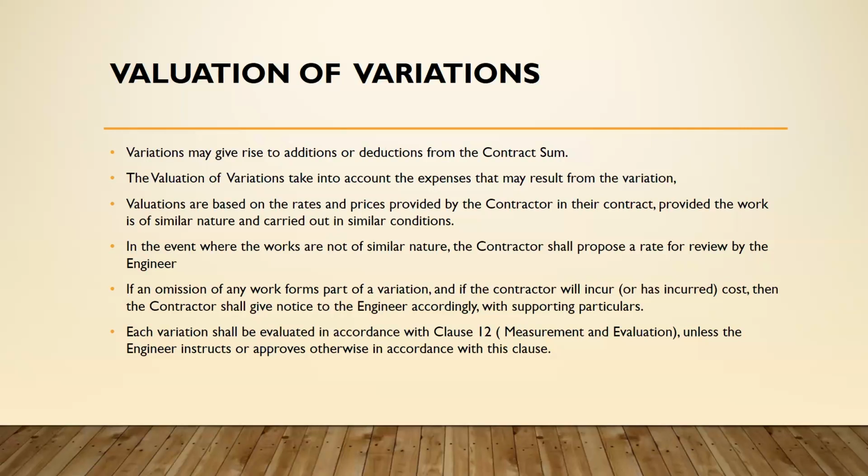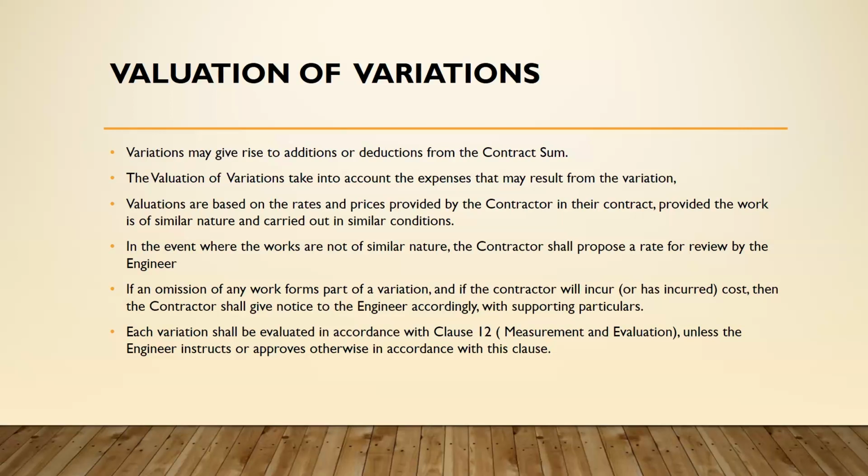So where there will be an omission and the contractor realizes that he will incur cost or has incurred cost, the contractor must notify the engineer or the employer with supporting particulars.